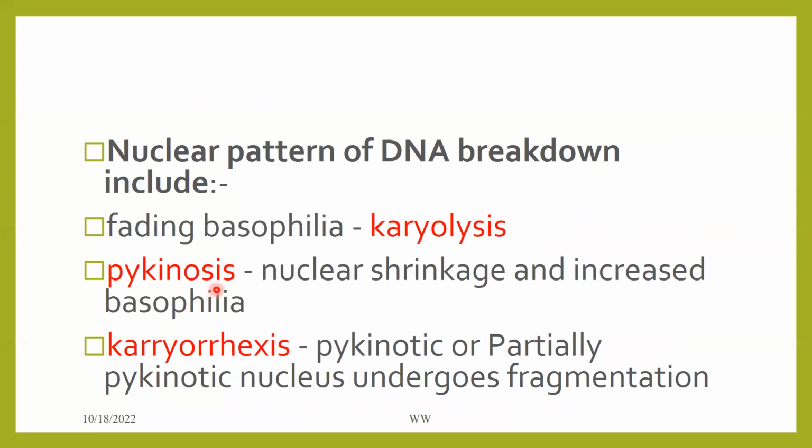But it can also shrink and become very small, so that all the nucleic material shrinks into a small nucleus that is called pyknosis. So we say that the nucleus is pyknotic, as opposed to the one that disappears or the one that breaks down into small pieces, karyorrhexis.